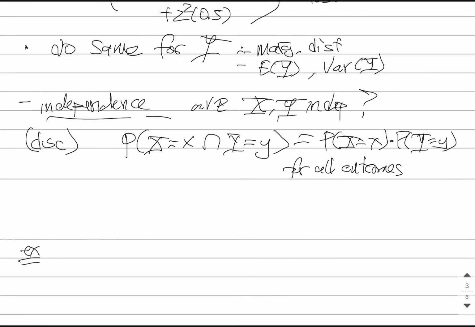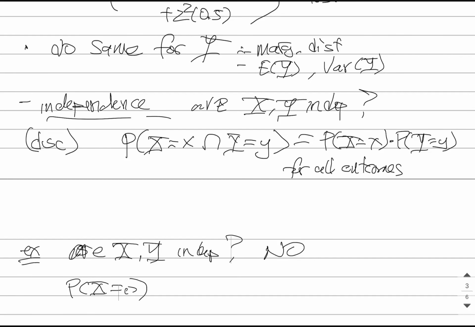Now, for example, in our gas station, are x and y independent? It's going to turn out to be no. Part of this, again, you will need to do in your lecture video. But for example, when x is 0 from the marginal distribution, we will have 0.16. You will find that from the marginal distribution for y, the situation where y is 0 has a probability value of 0.24.